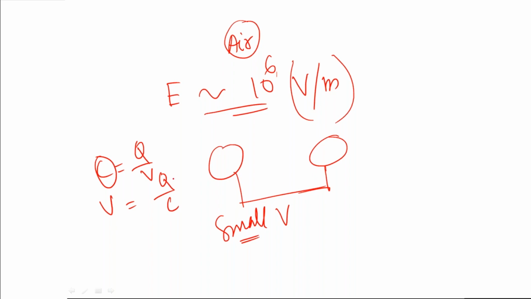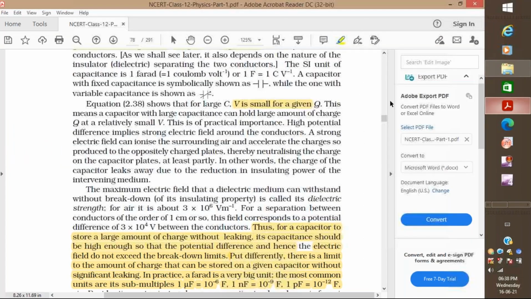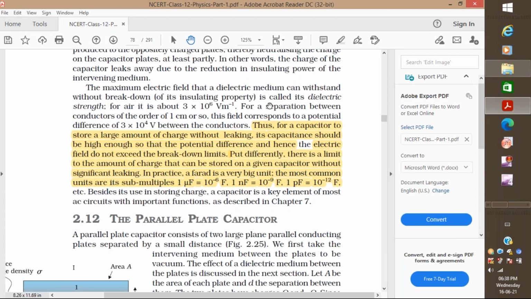So far, is it all right? Are you understanding or just listening? Do you understand what is dielectric breakdown? When the dielectric does not work as a perfect dielectric, that means it no longer remains an insulator. They are getting ionized, that means they are producing positive and negative charges.